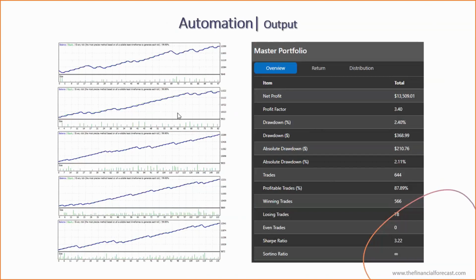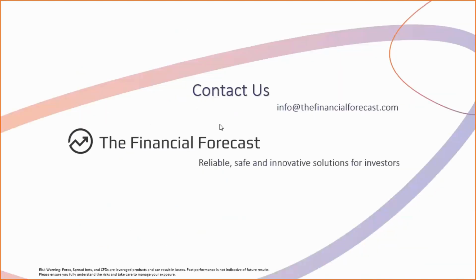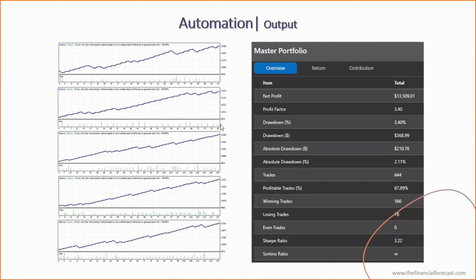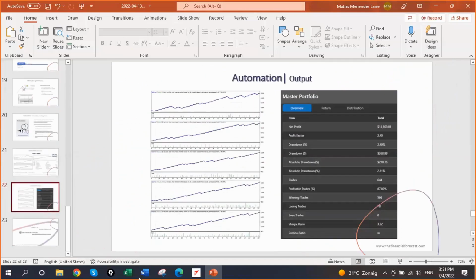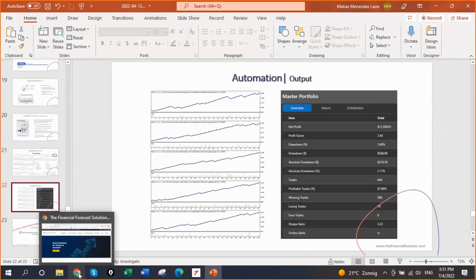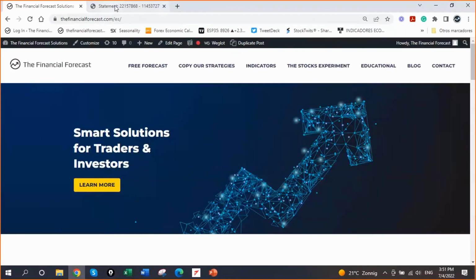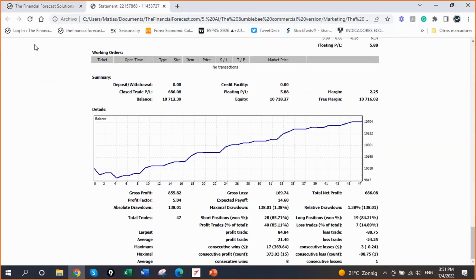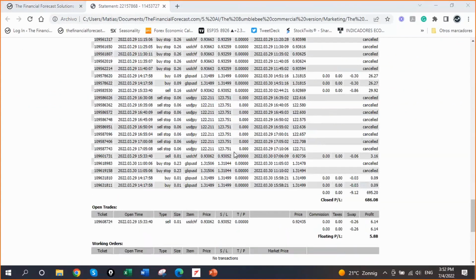And to finish this webinar, before I open to questions, I will show you a set of random strategies also created with this tool. Here is a live test that was rolled out during March.